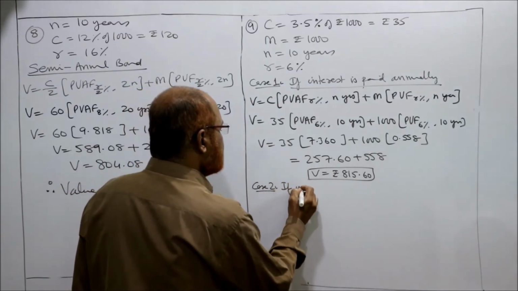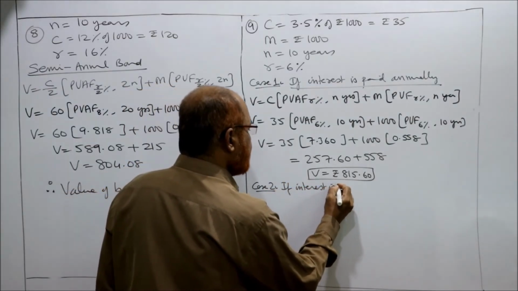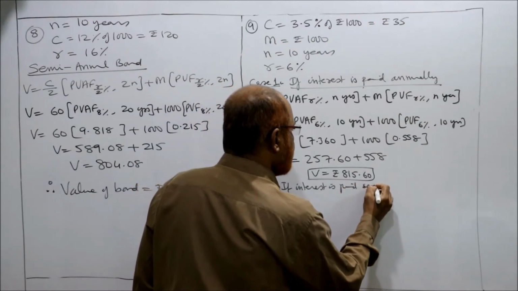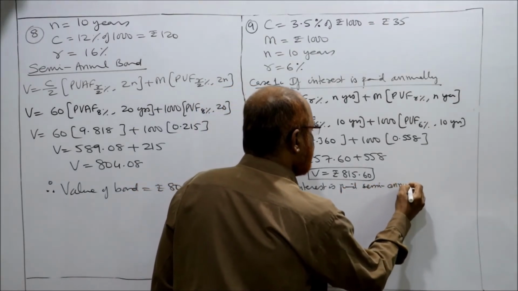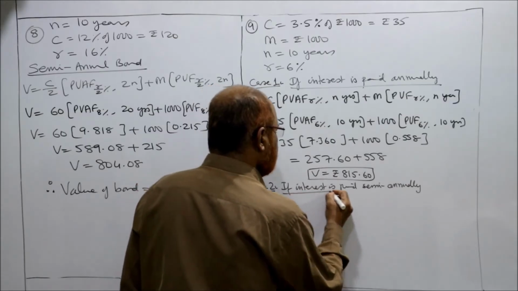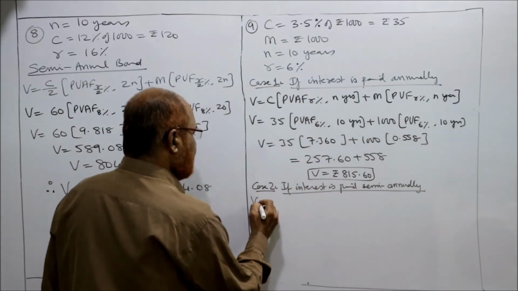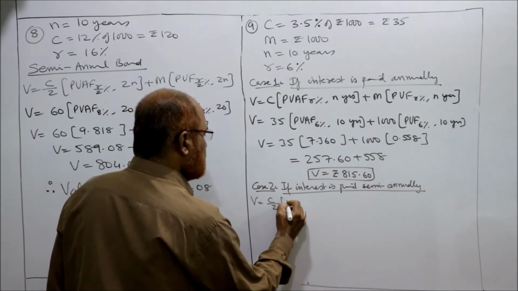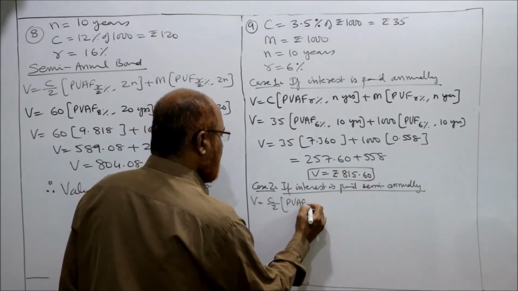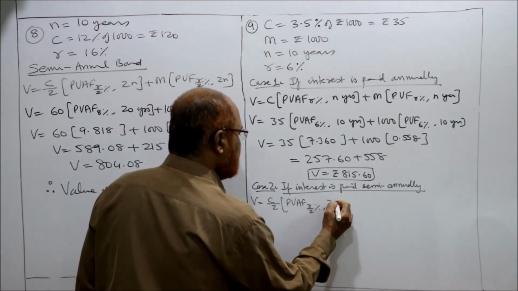Now case 2. If interest is paid semi-annually, V is equal to C by 2 into PVAF, R by 2%, 2N.